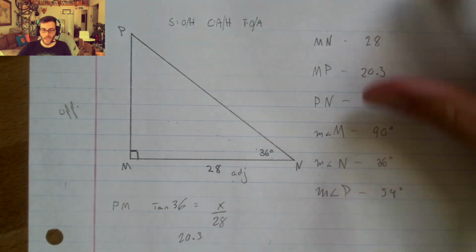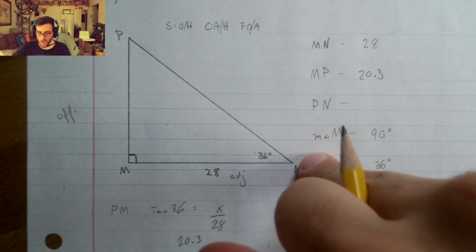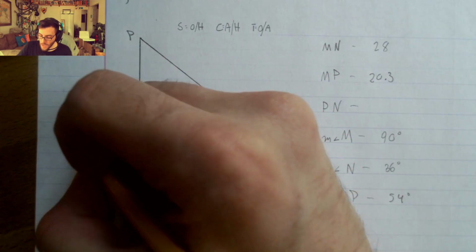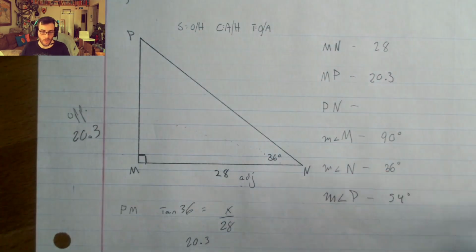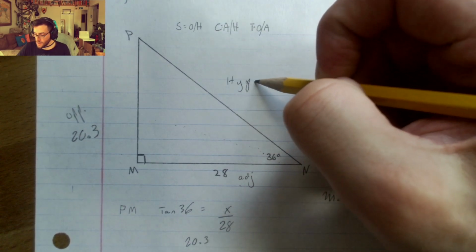If I now wanted to solve for my last side, side PN in this right triangle, I can say, oh, Pythagorean theorem, a squared plus b squared equals my hypotenuse of c squared.